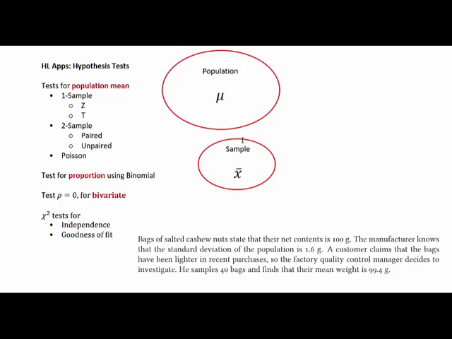And so all we can do to test that claim is to take a sample and see if that has enough evidence in it to determine whether the claim is right or wrong. So we always set it up in the same way. We're going to make a null and alternative hypothesis.